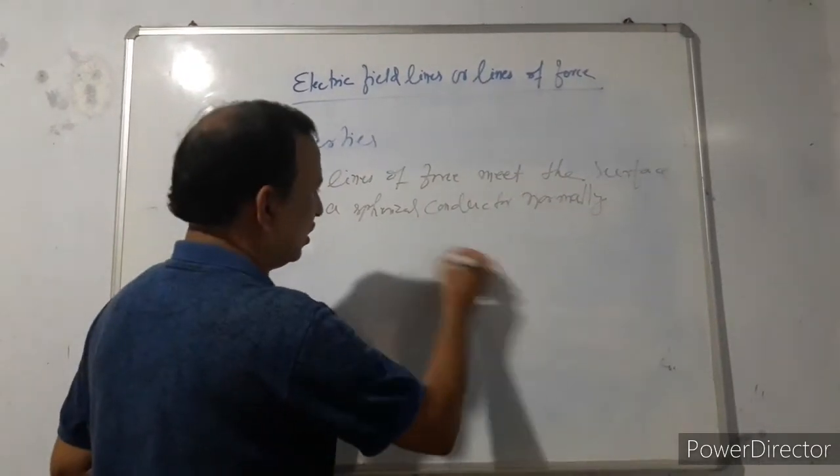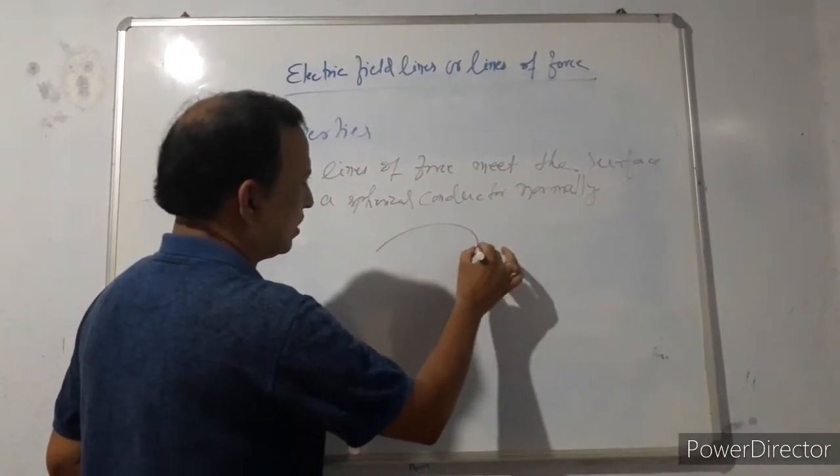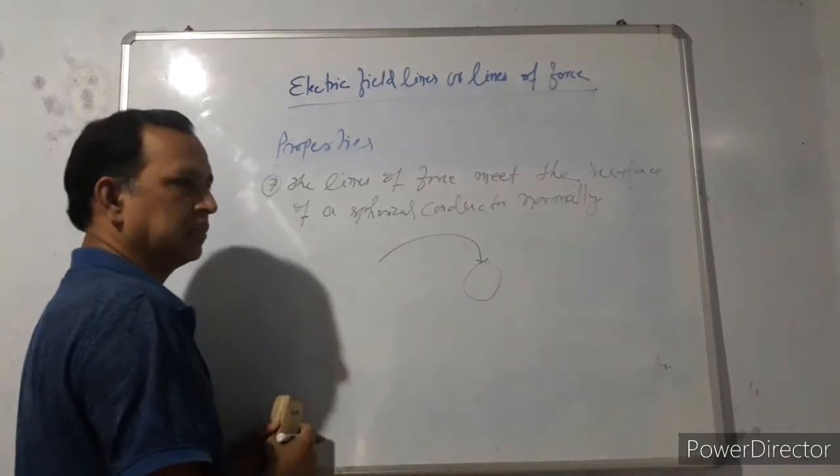So for this spherical conductor, the lines of force are normal to the surface, like this. Clear?